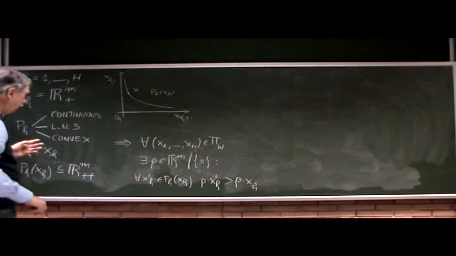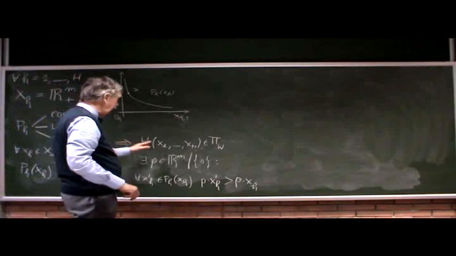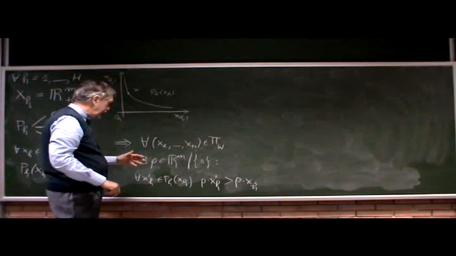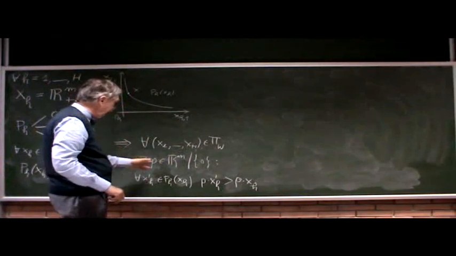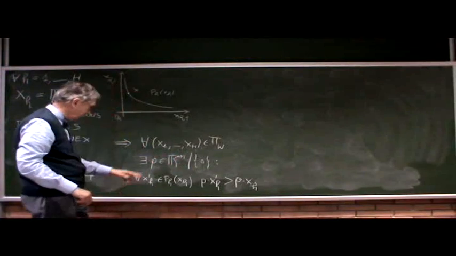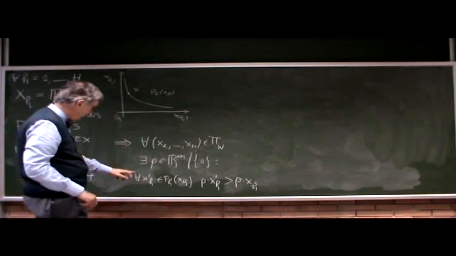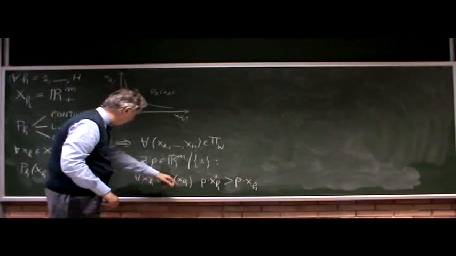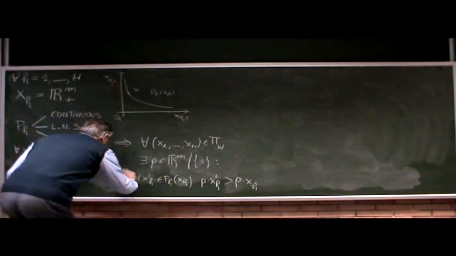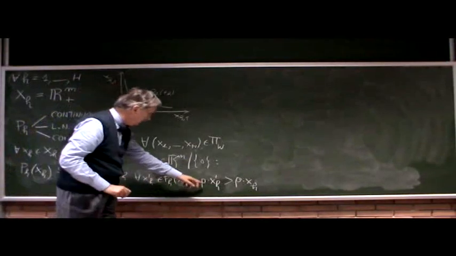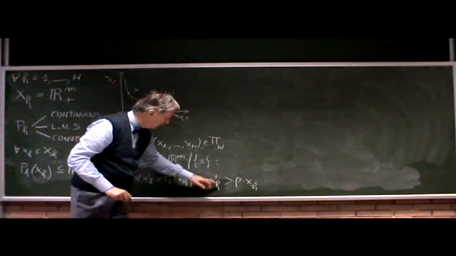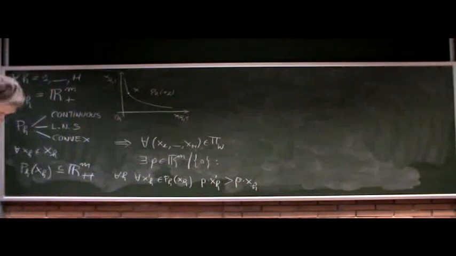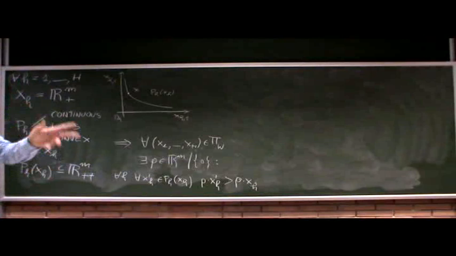What is the meaning? Take any weak Pareto optimum. There must exist a price system such that, note, every bundle which is preferred for every subject to xh must have a greater value than xh. Right? In other terms, the idea is the following.